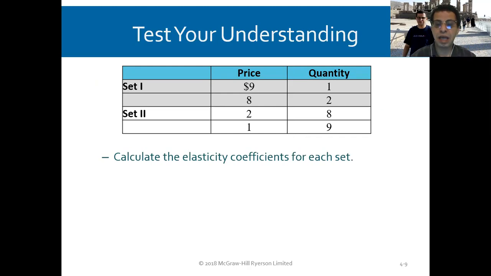So in the second set, a different product, as the price is $2, the quantity demanded is eight. But when you reduce 50% of the price, we're not going to see an increase of 50%. Just one more quantity is demanded, which is nine. And is this because of a different elasticity coefficient for each one of them?